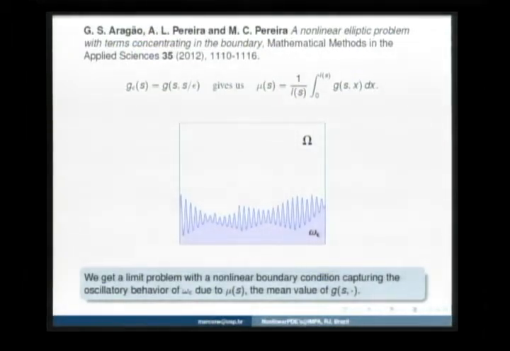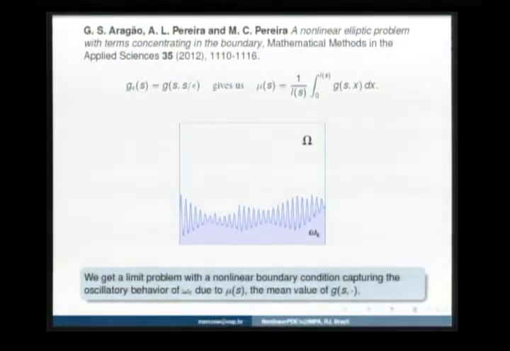We first considered a nonlinear problem in a square to understand how the oscillation could affect the limit problem. And we saw that in the end, this term appeared in the nonlinear boundary condition in the limit problem. After this work, we tried to consider the parabolic problem, and we tried to consider the case of the lower semi-continuity of the attractor too. So, that is the goal of this work here.